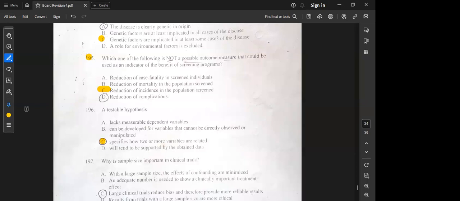Now, I can't remember the exact sequence of prognosis of a disease, but complications come at a later stage. That's why you have rehabilitation, or someone can be handicapped. So complications come at a later stage when you already have the disease. It has already progressed from the asymptomatic to the symptomatic stage.